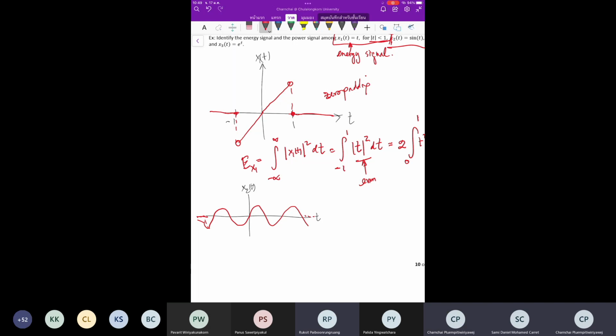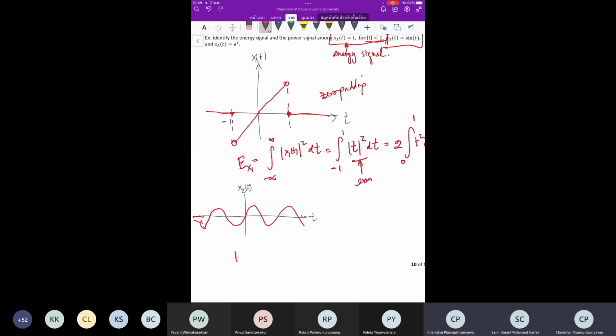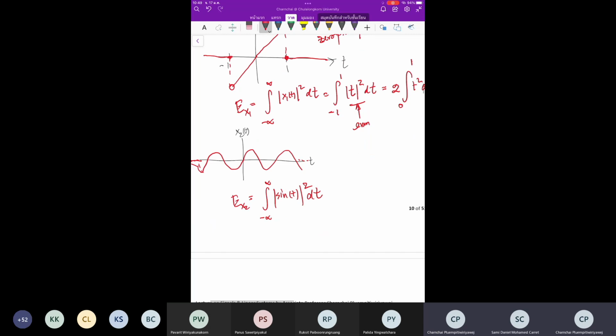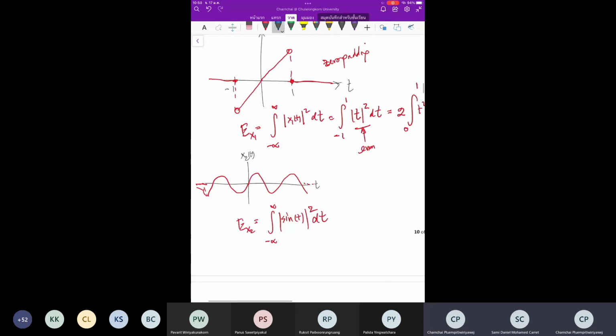Okay. And if you want to integrate x2, you are integrating sin(t), quantity squared dt, from negative infinity to infinity. If you integrate this, it's x squared(t), and if you square it, it's absolute sin(t) squared.